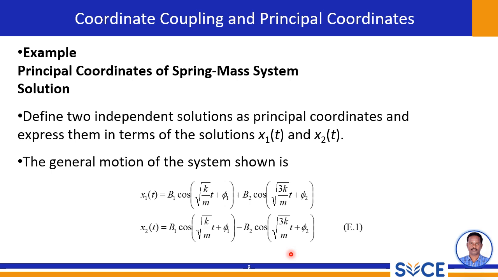They represent the system's natural modes of vibration decoupled from the other mode. In essence, equation 1 represents the system's general motion in terms of its principal coordinates. By expressing the motion in this way, we can analyze each mode of vibration separately, making the system much easier to understand.